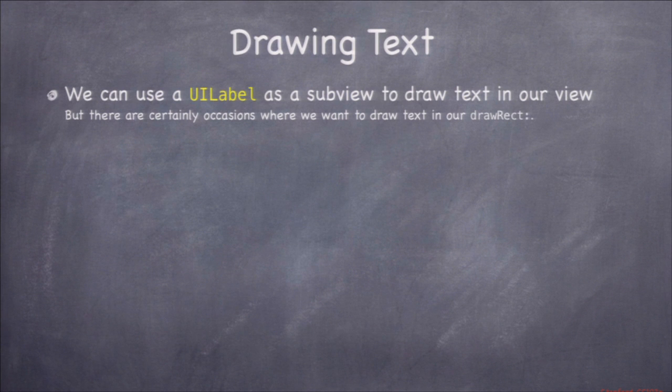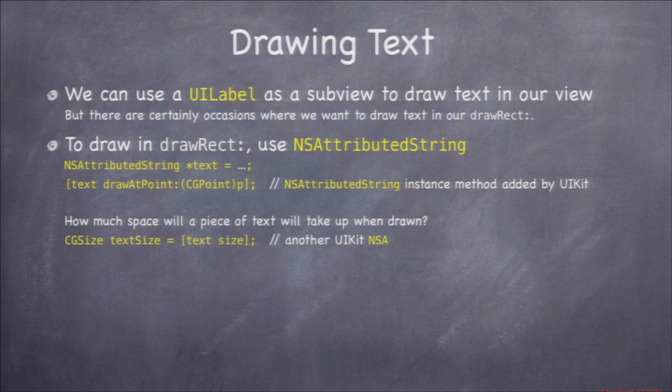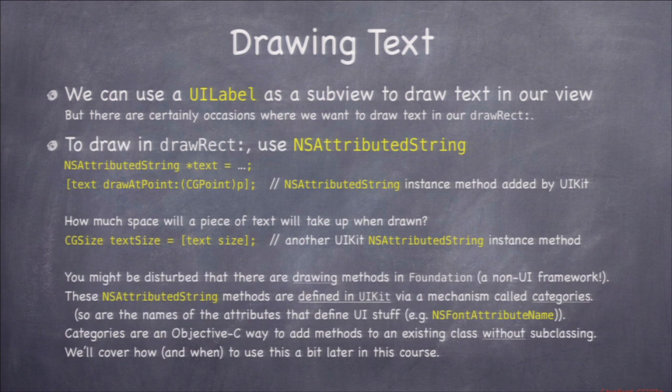All right, drawing text. It's all great drawing triangles and filling them with colors. What if you want to draw text inside your view? Well, of course, we use UILabel to draw the vast majority of text on the screen in UIKit, but you can use NSAttributedString to draw any text you want. And it could not be simpler. You create the attributed string with all the attributes you want, no restrictions, exactly like you learned to do in this last homework assignment.